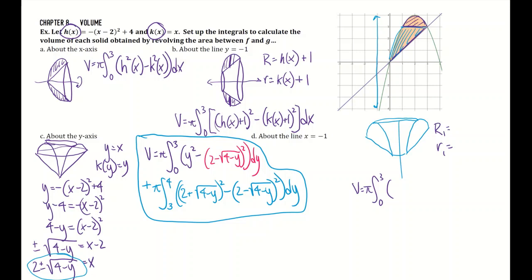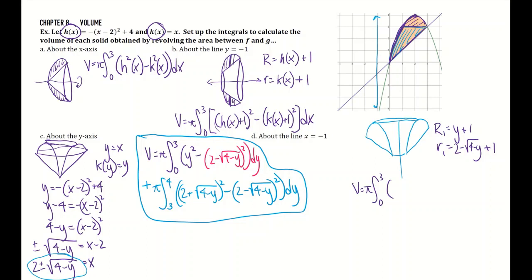Again, upper is more to the right, so that's going to be, not x minus, but y minus -1. And then your inner radius is going to be the distance between your parabola, which is going to be the negative side of the square root, and x equals -1. So that's going to be 2 minus root 4 minus y minus -1.